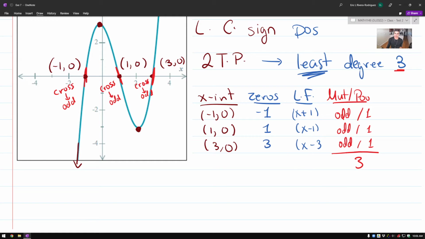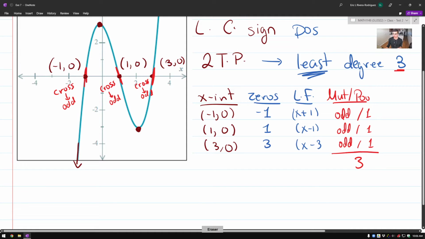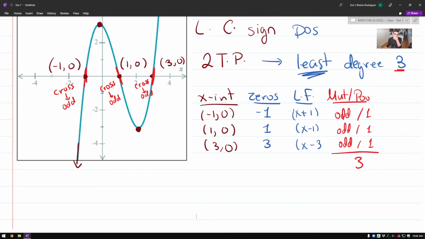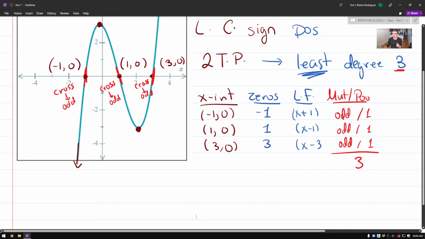Okay, by this point we are good to write our polynomial. Still, we don't have a leading coefficient.